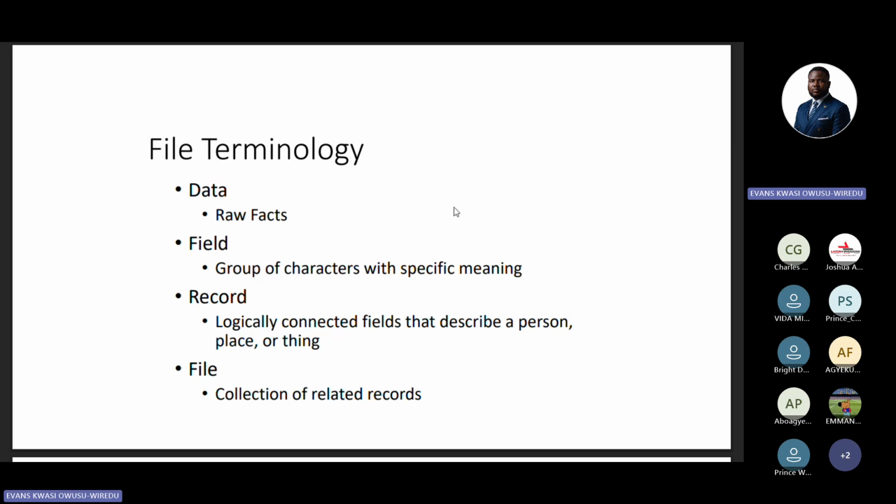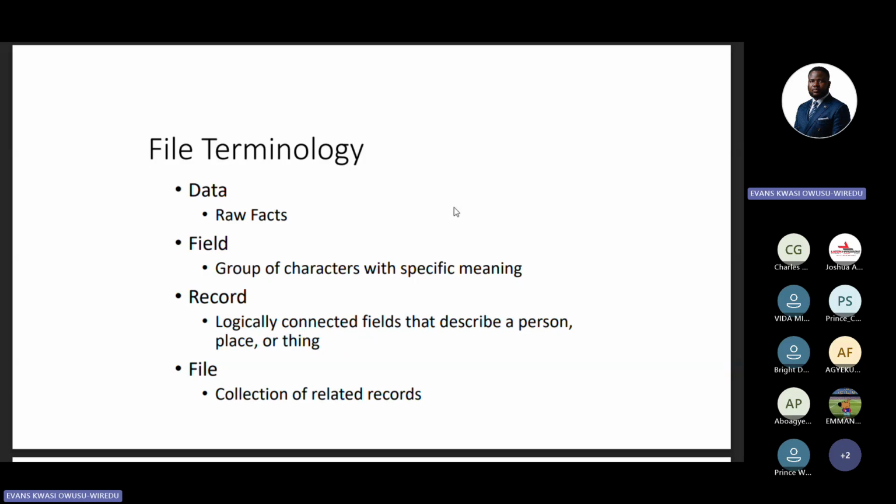That you can share for people to also have access to. So it begins with data, then goes to field, record, and then file. So when we say record, you should understand what they mean. It can come in the objectives in the exams. So let's take a closer look at it and notice the difference.